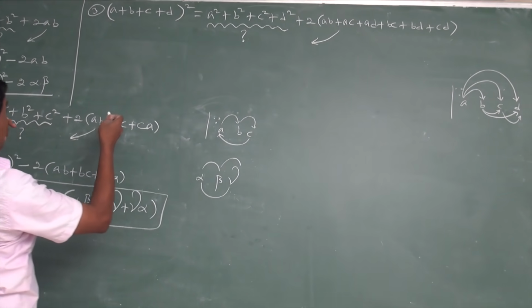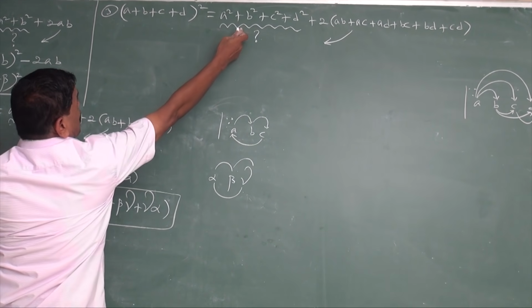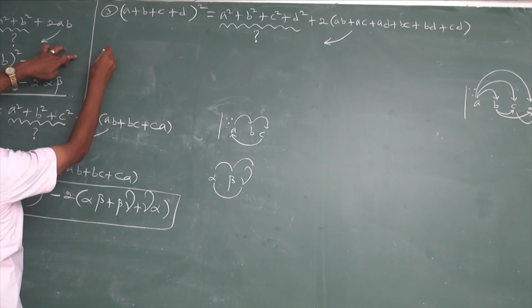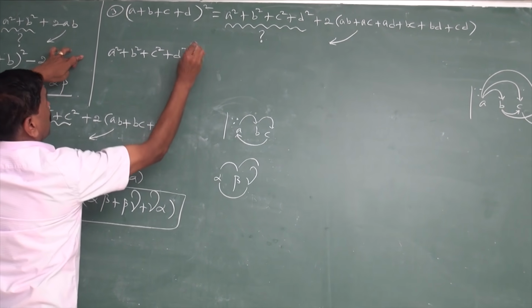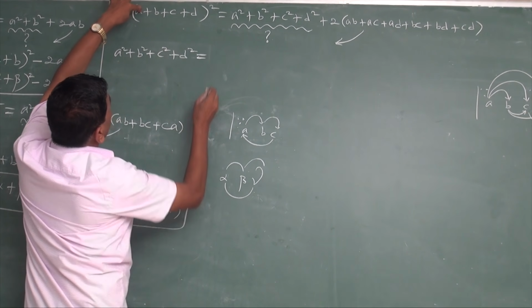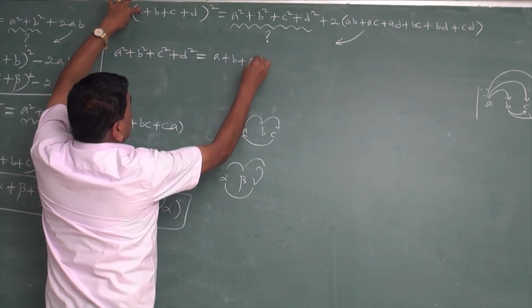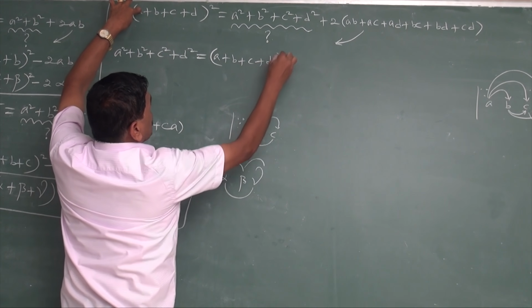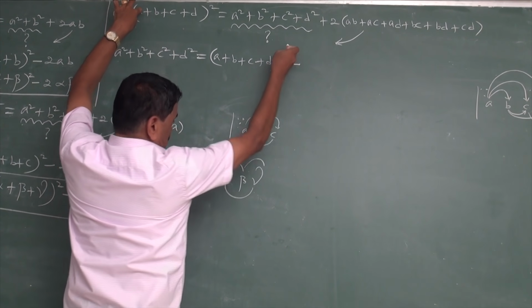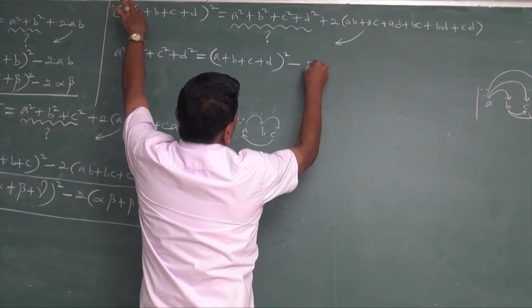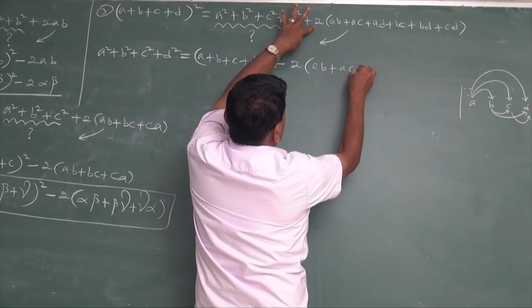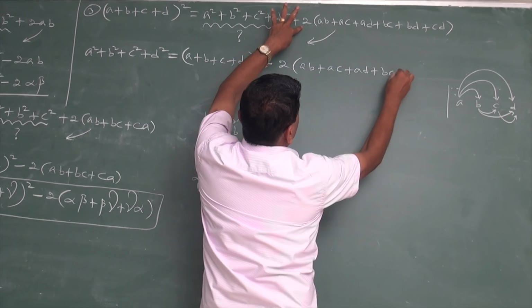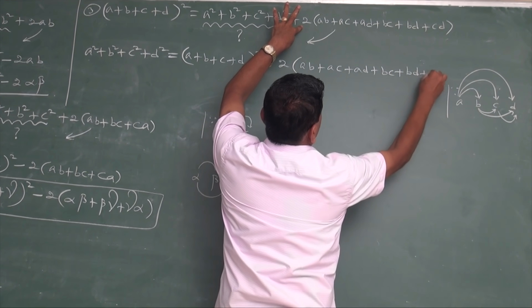So bring to the left side, let us write it straight away: a square plus b square plus c square plus d square equal to a plus b plus c plus d the whole square minus twice of ab plus ac plus ad plus bc plus bd plus cd.